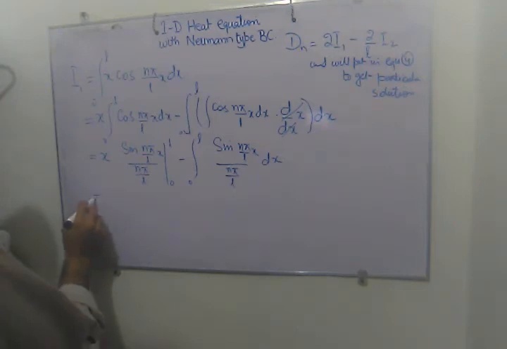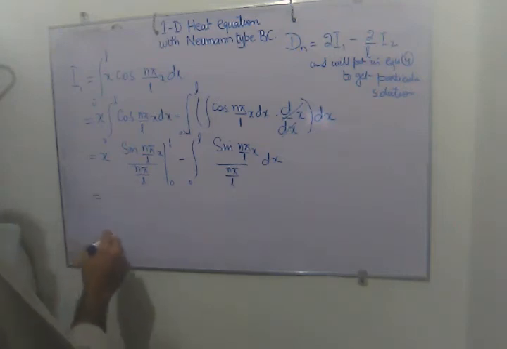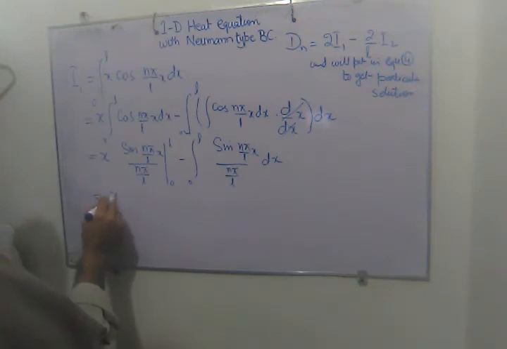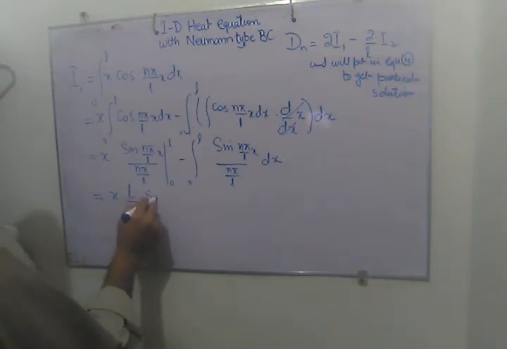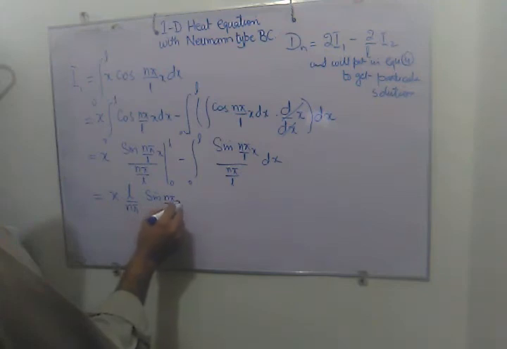So we can take out the constant, which is x, L upon n pi sine n pi upon L x.